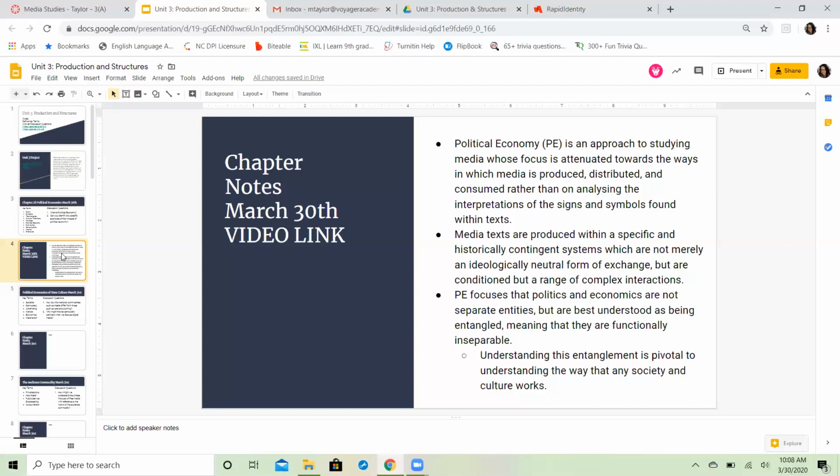So then lastly, political economy focuses on the idea that politics and economics are not separate entities, but are best understood as being entangled, meaning they are functionally inseparable. So when you guys talk about political economy and we talk about politics, I want to point out that when we refer to politics over the course of the unit coming up, I want you to think of politics in terms of the academic study of government and state.